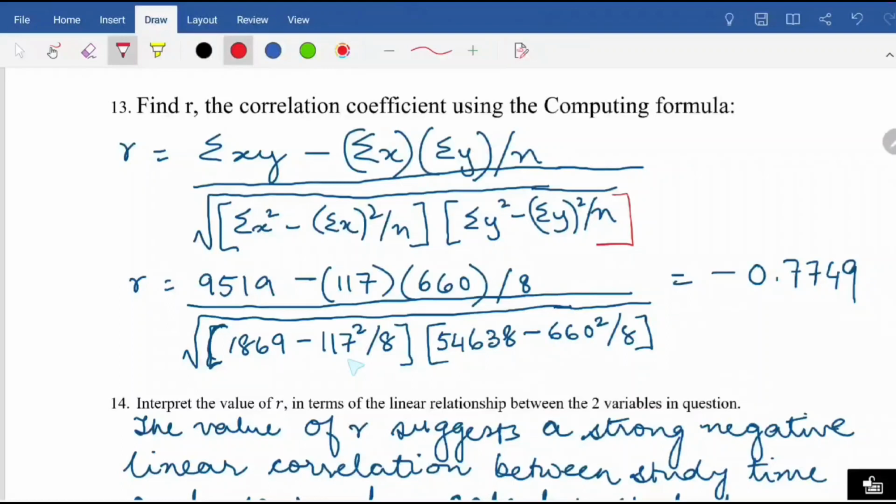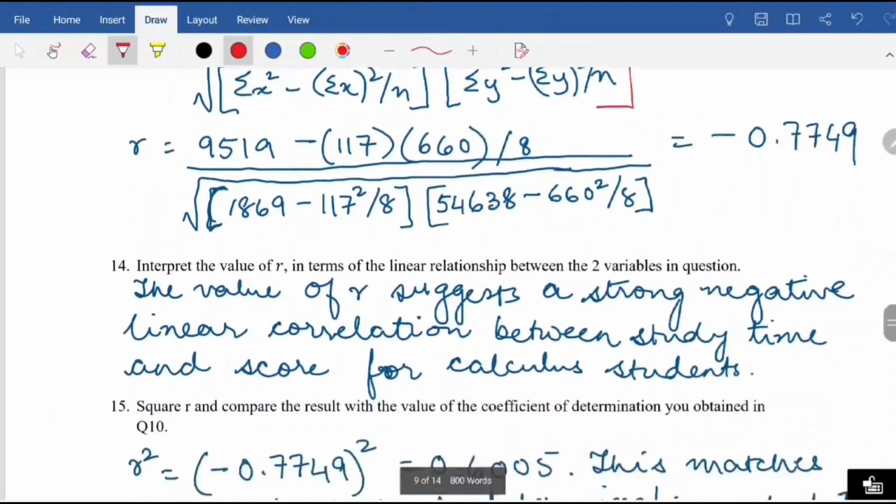I'm hoping you will keep a note of these intermediate calculations and use the values. Once you plug in all the values and perform the calculation, we get an R value of negative 0.7749. That's our R value.